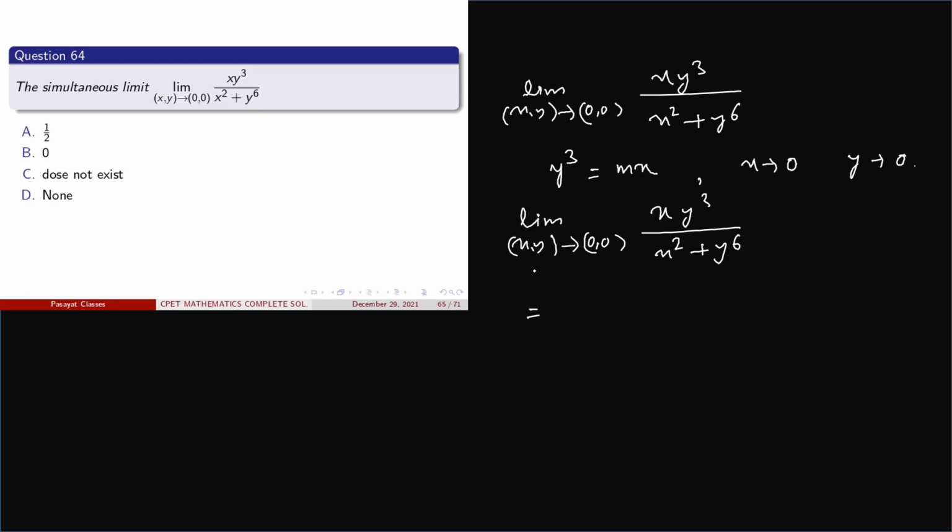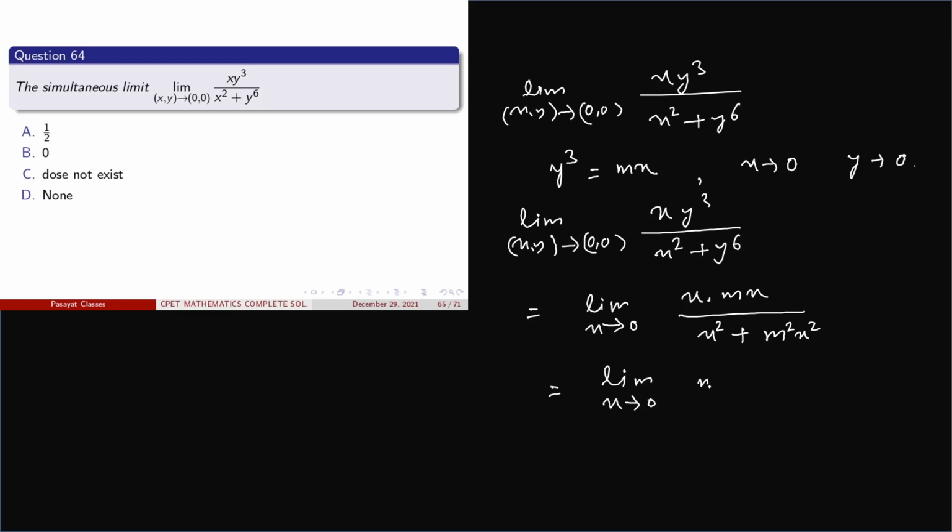When x approaches 0, y approaches 0. So this limit, x tends to 0, and in place of y cube we write mx. So x into mx divided by x square plus y to the power 6, which is m square x square.